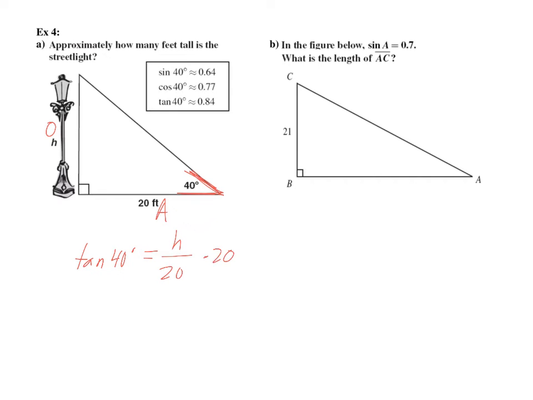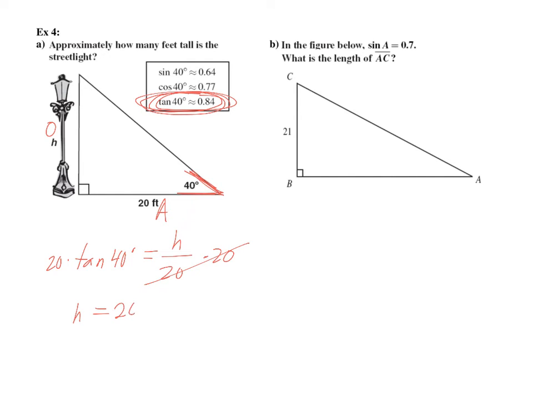All right, so I'm going to multiply by 20 on both sides. Cancels out. So I have 20 tangent of 40 degrees. Notice that they give you an approximation up here. So if you didn't have a calculator, this is the reason why they give you this little chart here, so you know which decimal to include for tangent of 40.